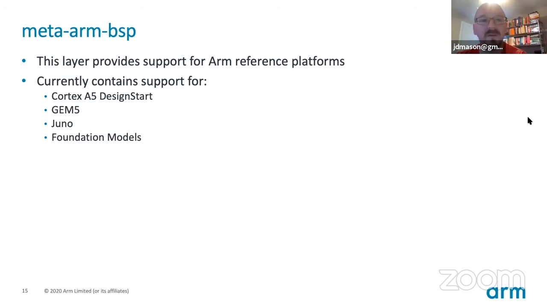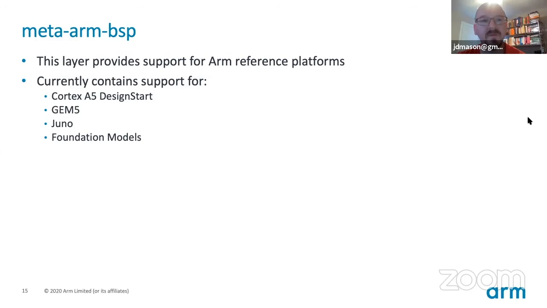In addition to that, we have the software foundation models, also known as FVP, which enables you in software to model the ARM references or ARM designs, and enables you to test it 100% in software.